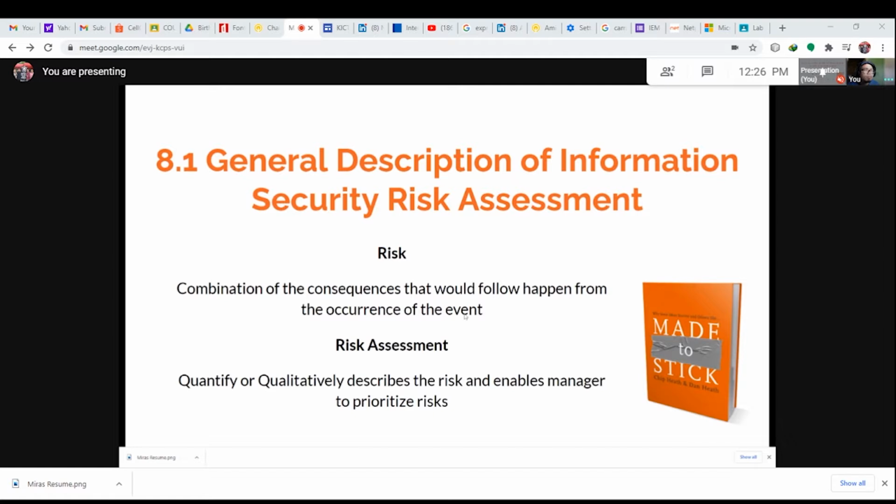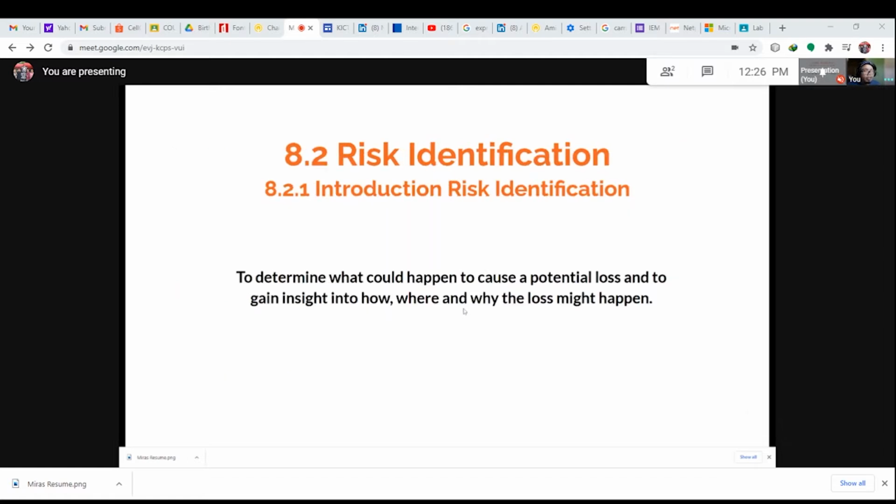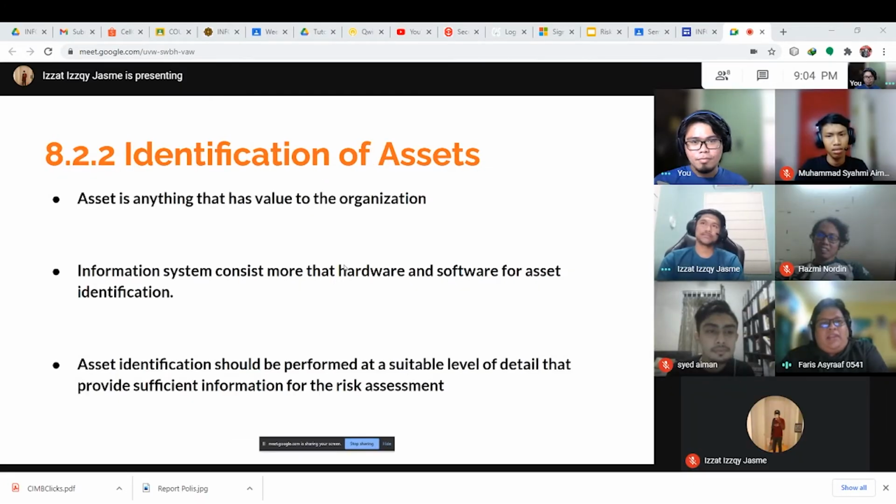Okay, next is risk identification. So, introduction to risk identification. Risk identification means to determine what could happen to cause a potential loss and to gain insight into how, where, and why the loss might happen. Identification of assets. First of all, what is an asset? An asset is everything that has value to the organization. An information system consists of more than hardware and software for asset identification.